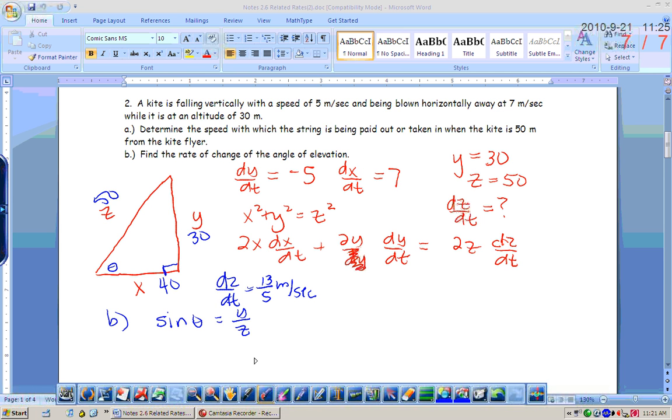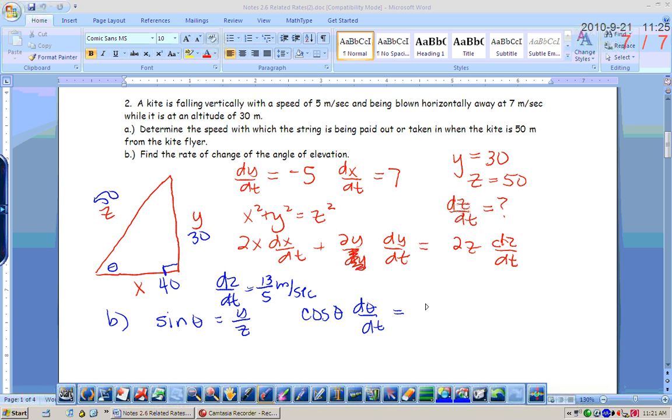Could I have done cosine of theta? And then I would have done x over z. Or I could have done tan of theta equals y over x. Doesn't matter. All right, so let's take the derivative. What's the derivative of sine theta? Good. Cosine theta d theta dt equals, do you want to do quotient rule, or would you rather change this to y z to the negative 1?